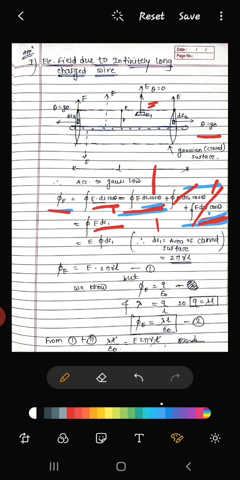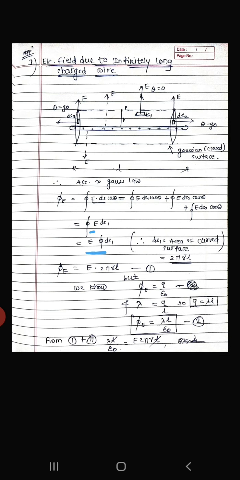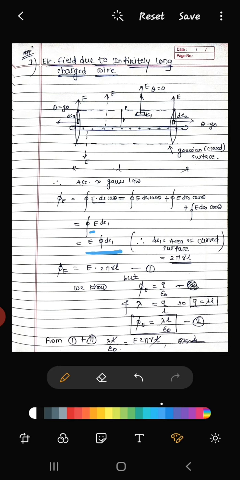So the total electric flux is given by E ds1, this surface area only. According to the definition, we got the electric flux produced by the surface area ds1. Now E, take it outside, so the formula will be E times the integral of ds1.